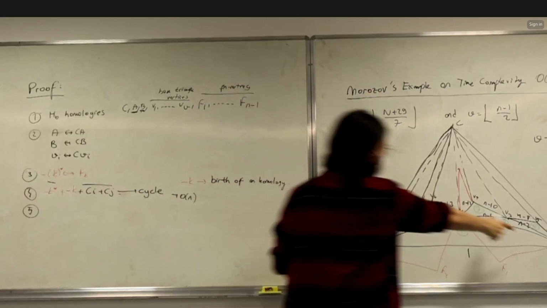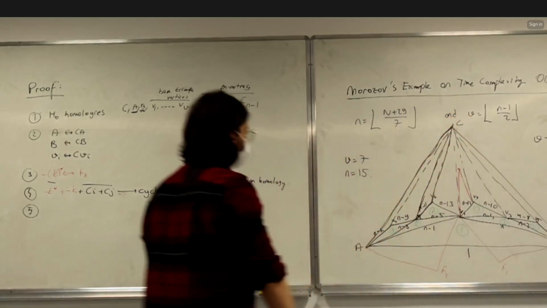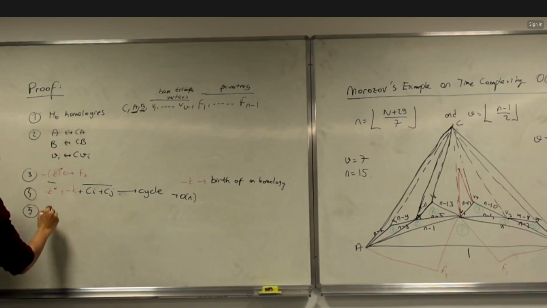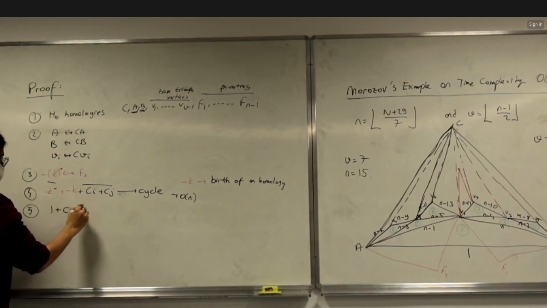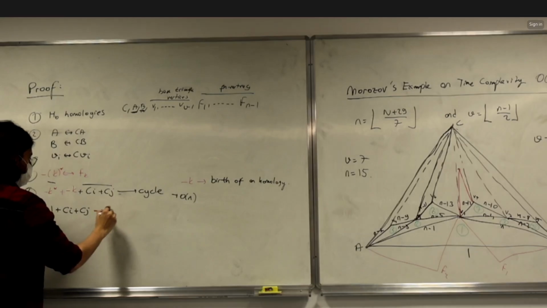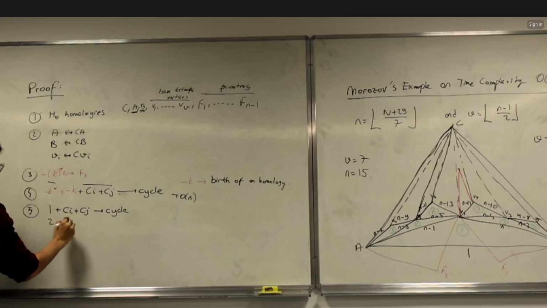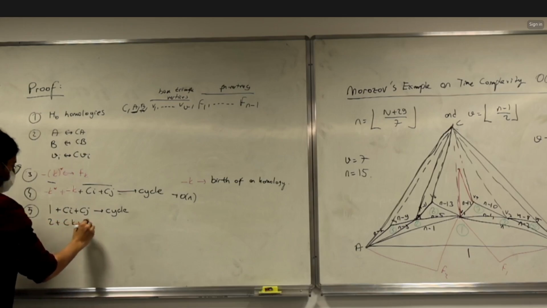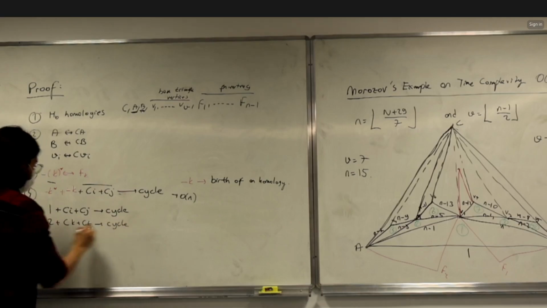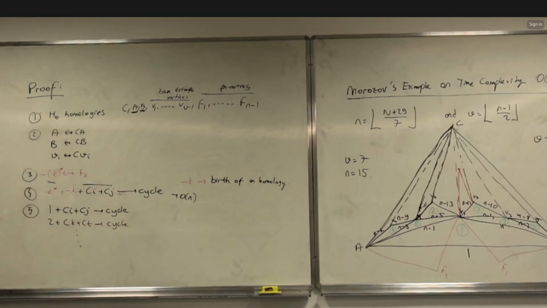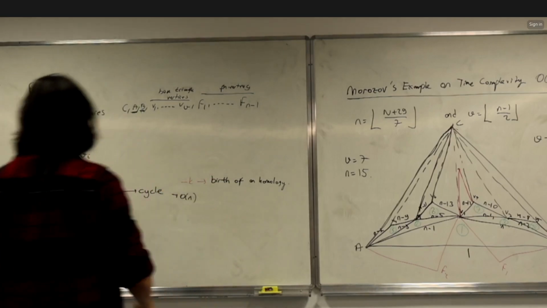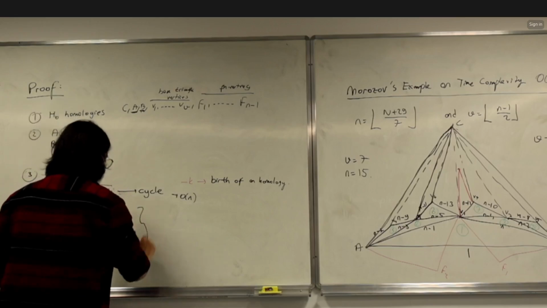For every edge, we have created a cycle by adding two. So every one will also create a cycle when we add them, so they will result in a birth of a homology.